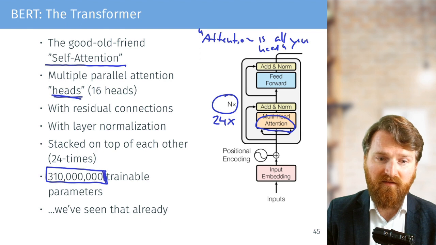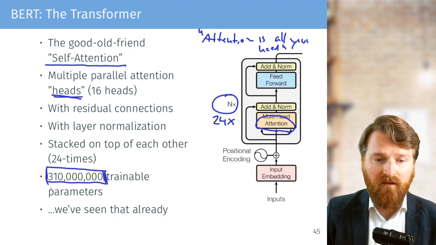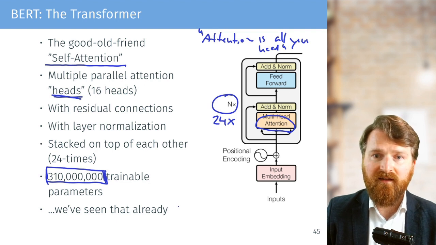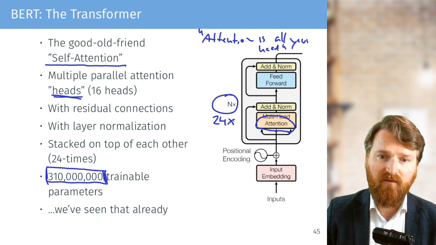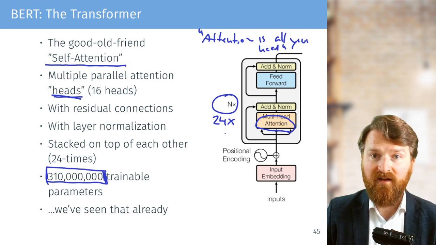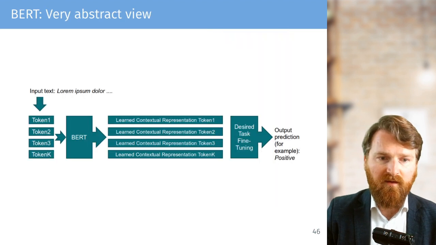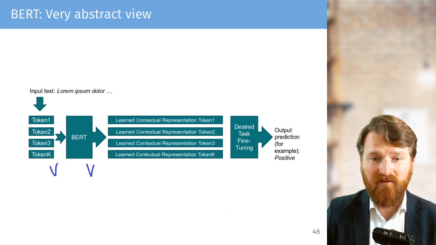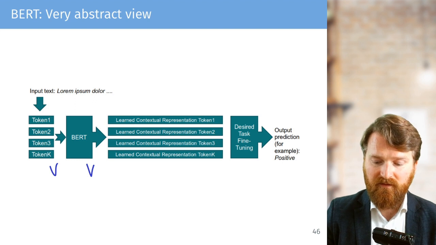But technically there's no surprise. We've seen it already. BERT is basically taking the Attention Is All You Need transformer and making it very big and very deep. Which means we know how to take the input, we know how BERT is working, and now we actually know how these contextual representations are learned, because they are taken from the self-attention.